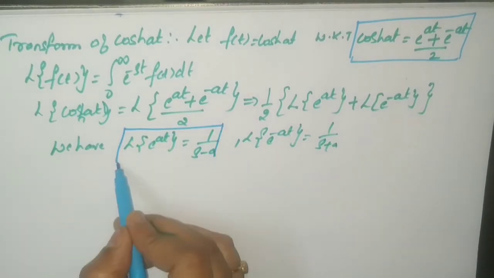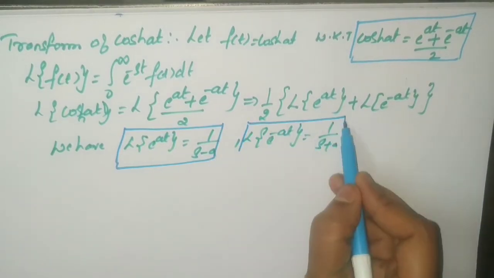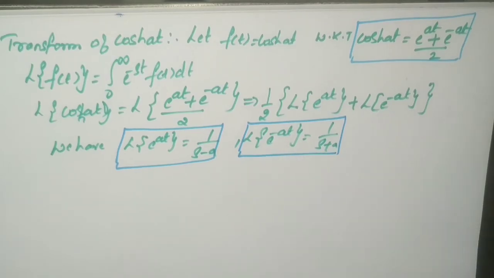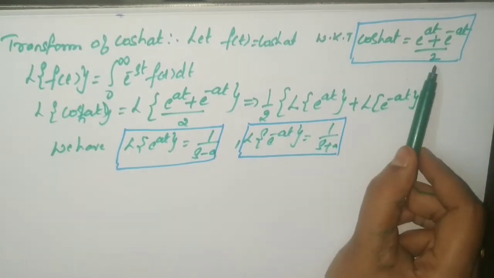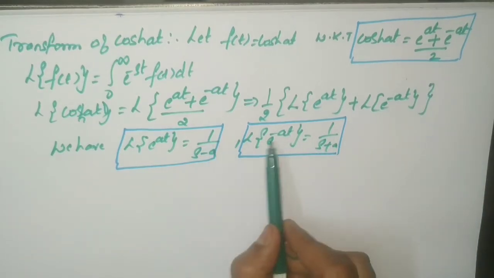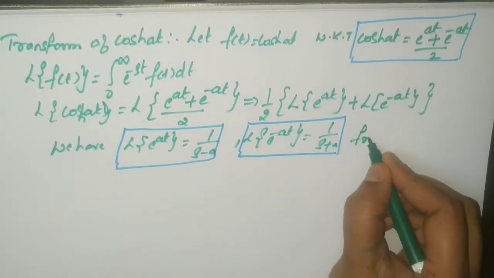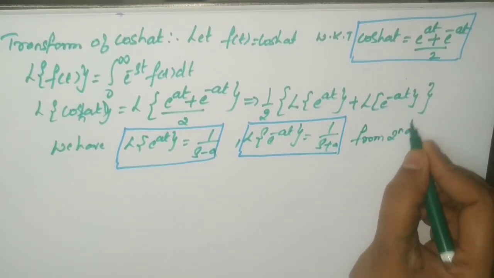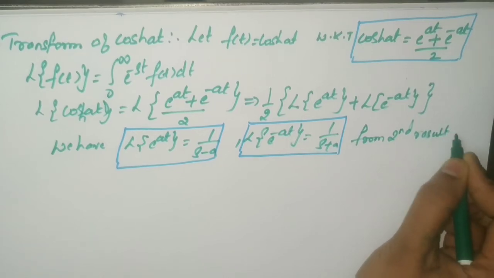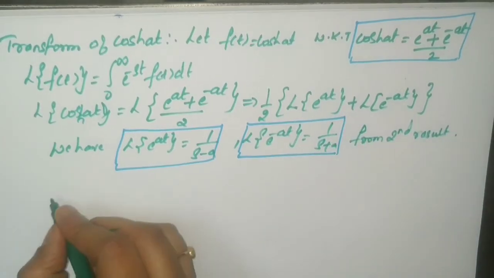You can just check our second result. We have these two inbuilt. That's what I said: convert the hyperbolic function to exponential so we can easily use our result. Substitute this back into our expression.